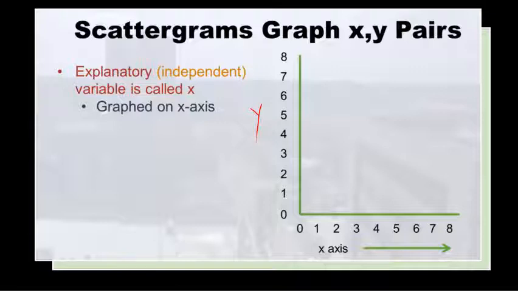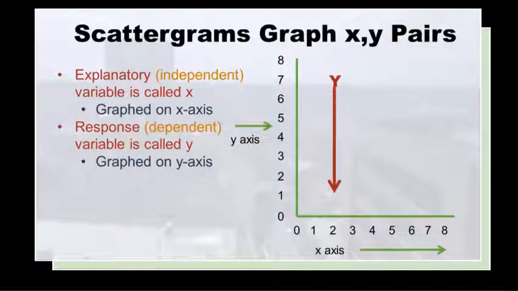This is usually used in any situation where you want to see if x, whatever variable you have for x, is going to cause something to happen to your y variable. And we'll look at how that actually works in a moment.